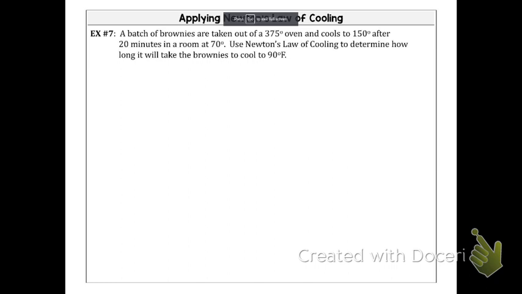All right, so the first thing, let's look at what they gave us. First, I'm going to remember my formula. The formula for this is that T of t, the temperature at time t, is equal to T sub m, which remember is the surrounding temperature, plus T sub 0, the initial temperature, minus that T sub m, times e raised to the negative kt.